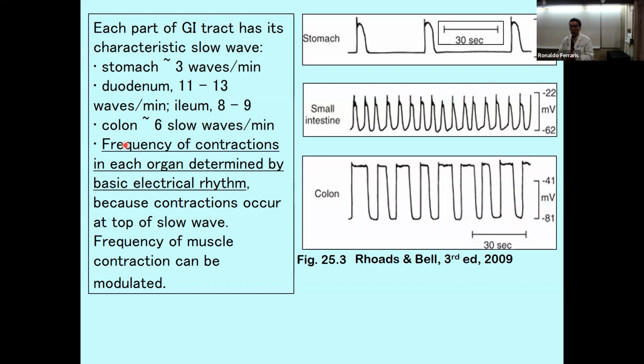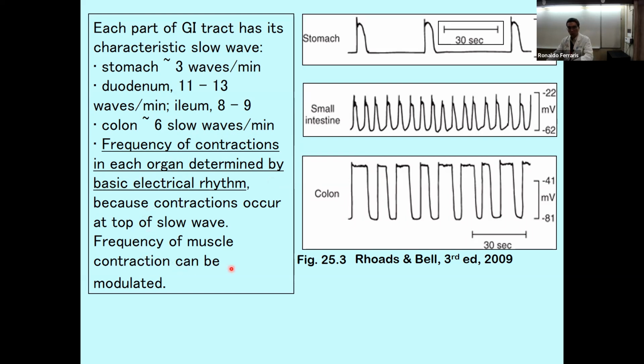So what actually happens is, although these slow waves do not determine whether the smooth muscles contract, they determine the frequency of contractions, because contractions really occur only on top of the slow waves.